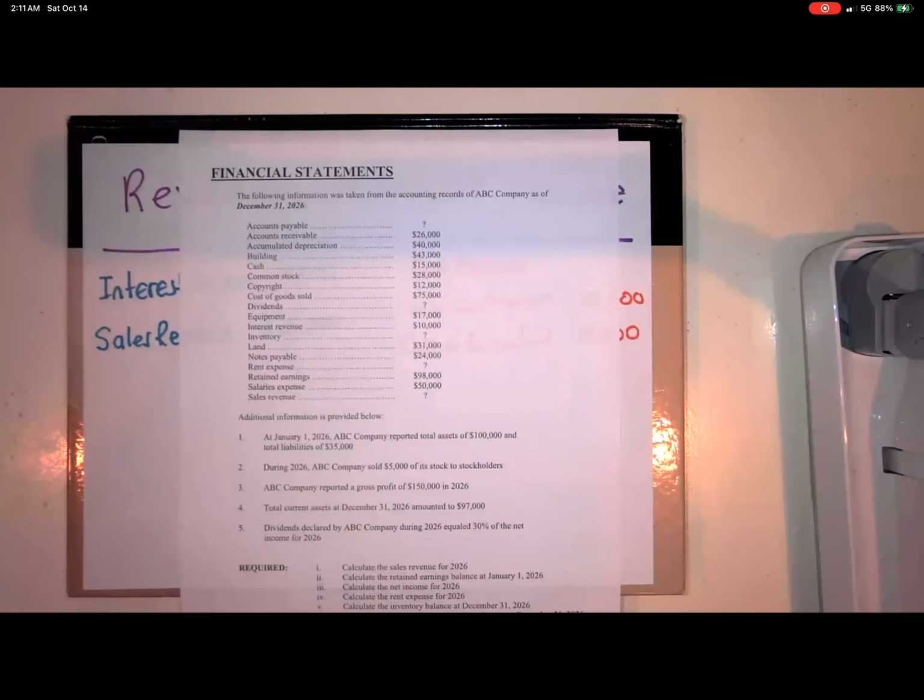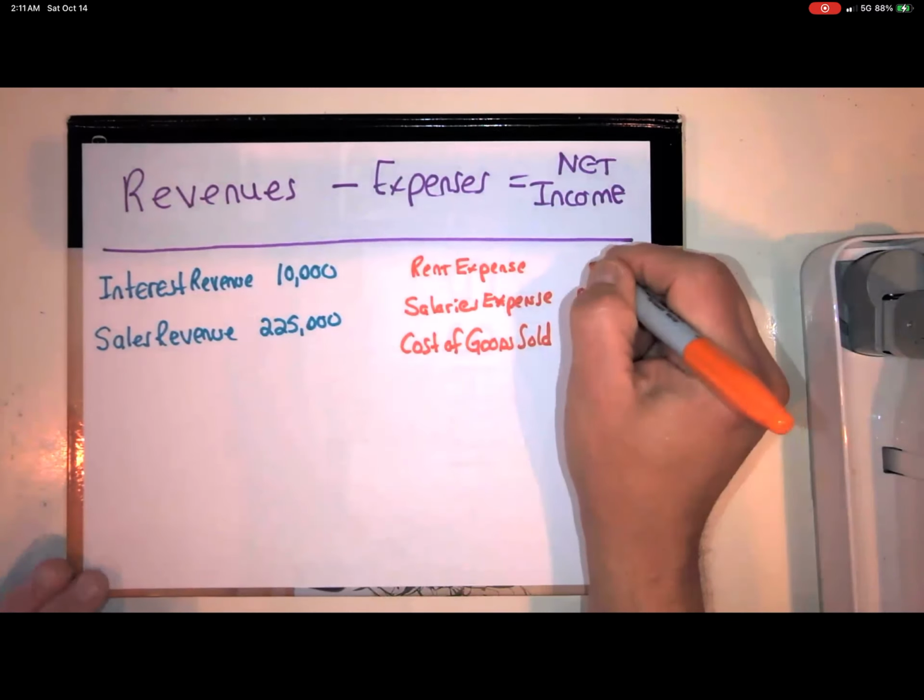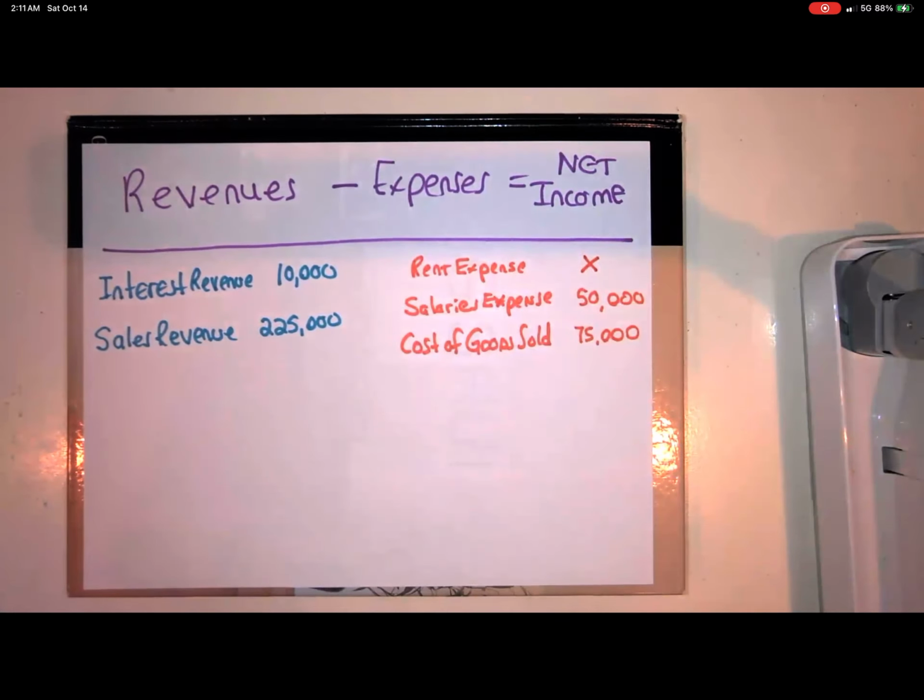What's listed there under the numbers? Question mark? Oh, okay. I got it. Oh no. We don't know the rent expense. It's not given.